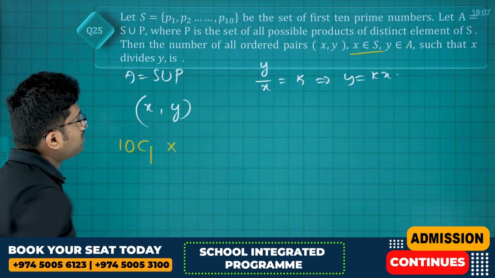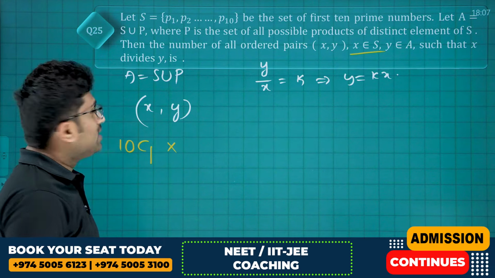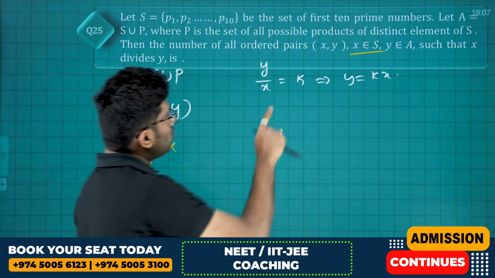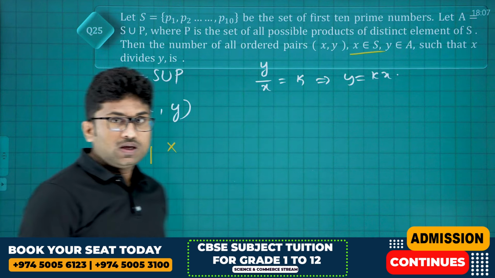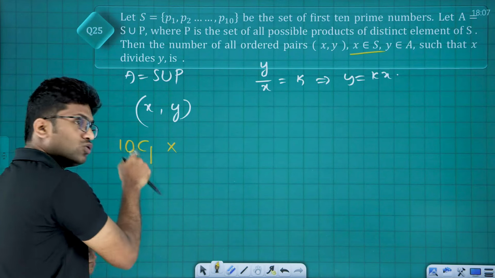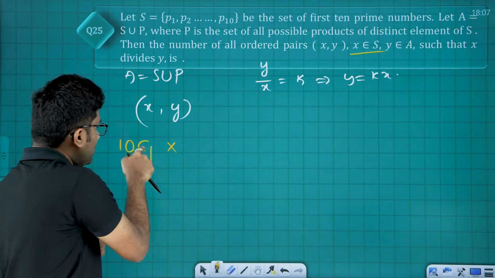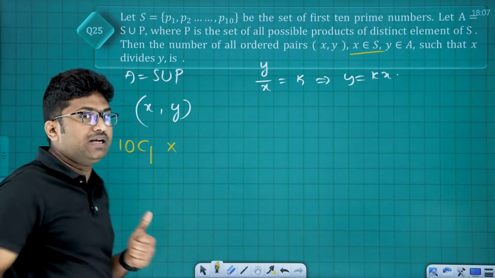And coming to y belongs to S union P, where x divides y, the number already taken should not be taken again. Out of 10, one number has already been taken.